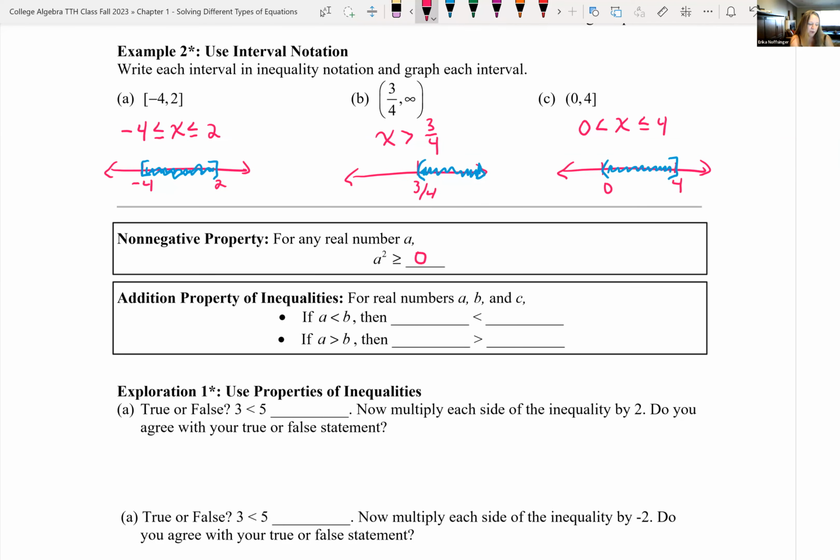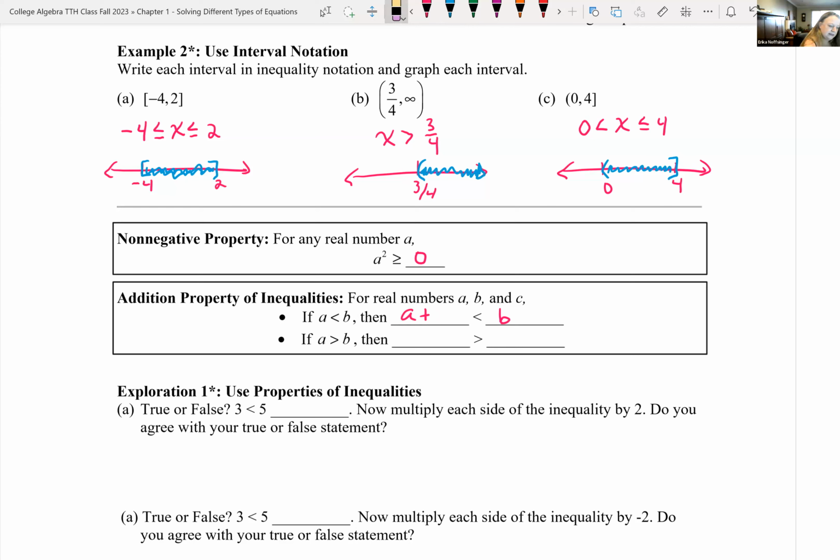We have the addition properties of inequalities. So if we have a, b, and c, they are all real numbers. We're given that a is smaller than b. If I have a is less than b, technically I could add something to both sides of the inequality.